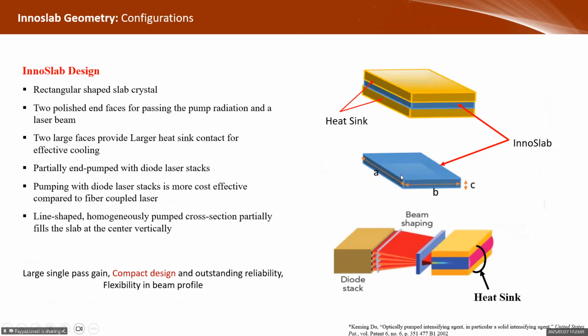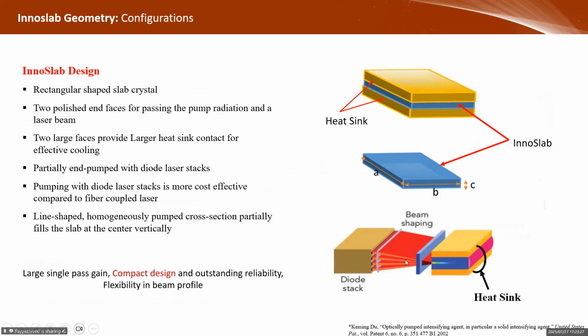So this is all about the dimensions of the crystal. Here you see we have a stack of diode lasers. It can be a vertical stack or a horizontal stack, whatever it is. The output of the diode laser has to be shaped to match this crystal profile.